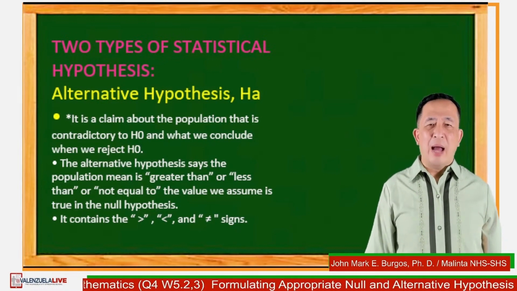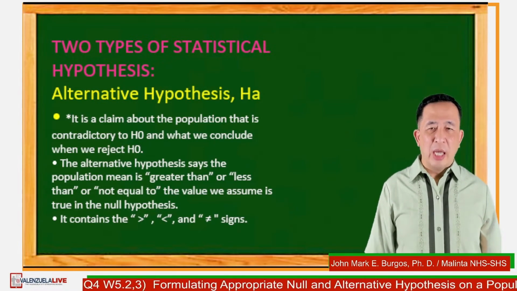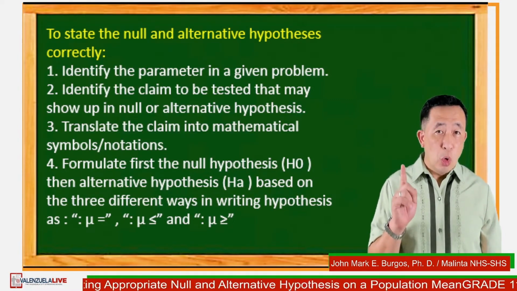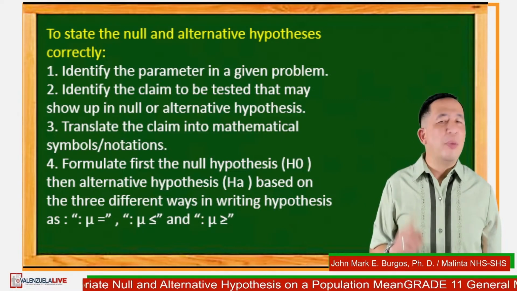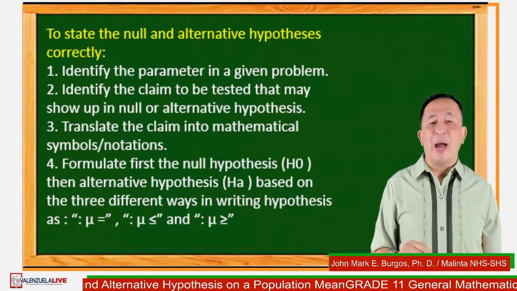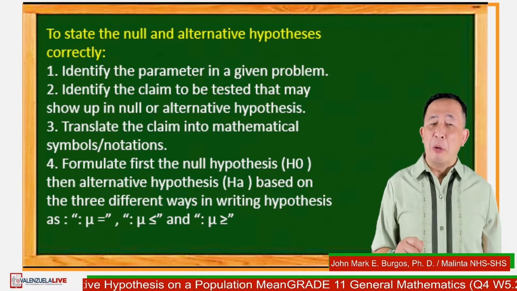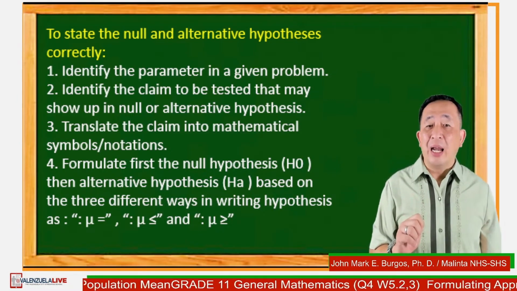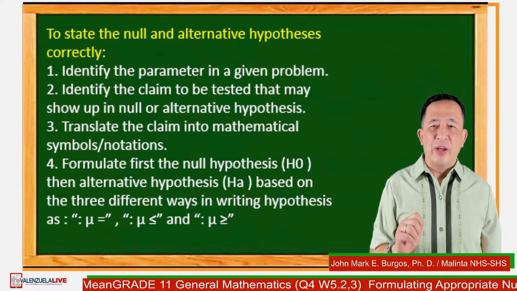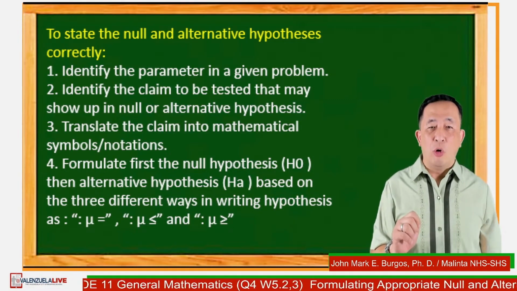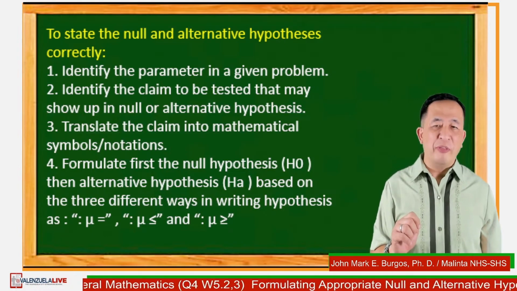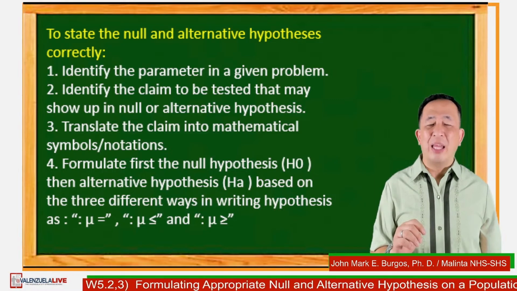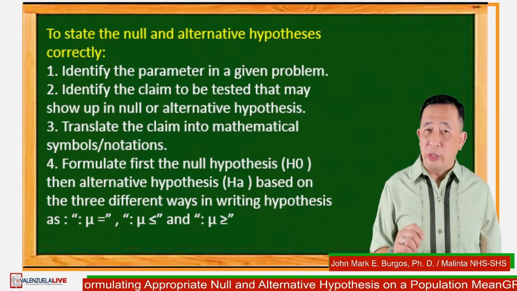To state the null and alternative hypothesis correctly, here are the things we have to remember. Number one, identify the parameter in a given problem. Secondly, identify the claim to be tested that may show up in null or alternative hypothesis. Third, translate the claim into mathematical symbols or notations.